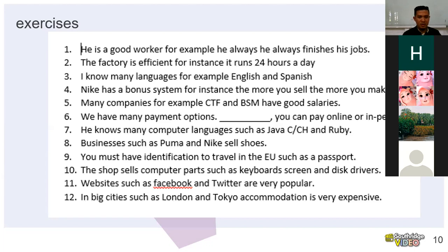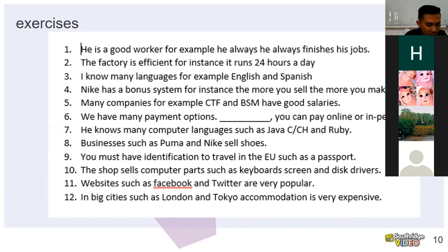Because the word London and Tokyo is important, yeah. We don't need comma there because this is one sentence and the item is necessary, yeah. Yes or no? Yes, sir.